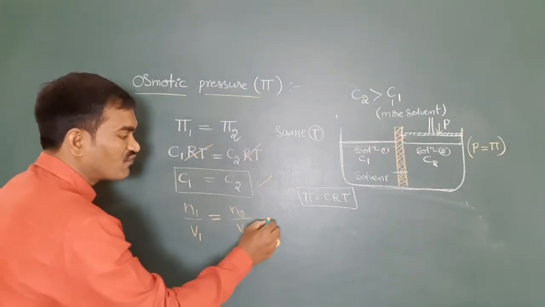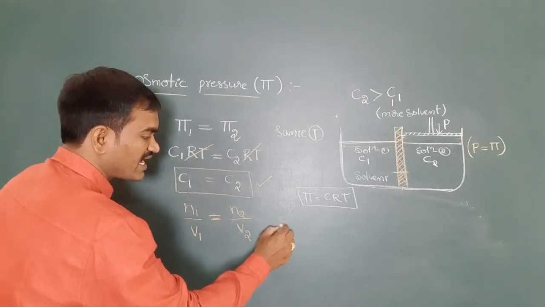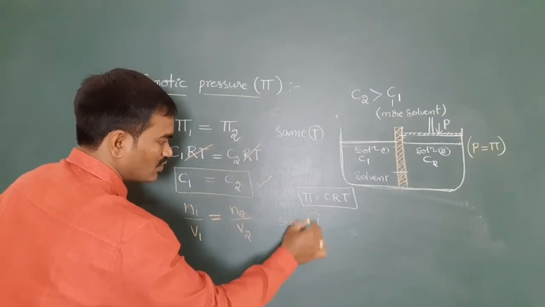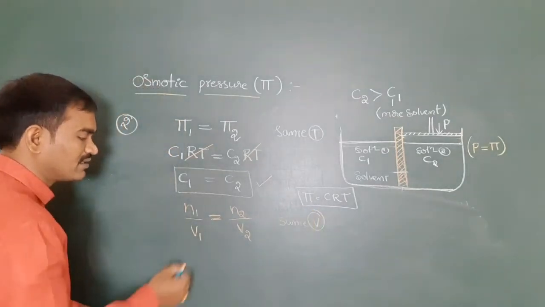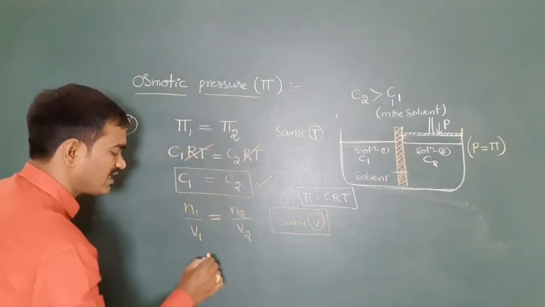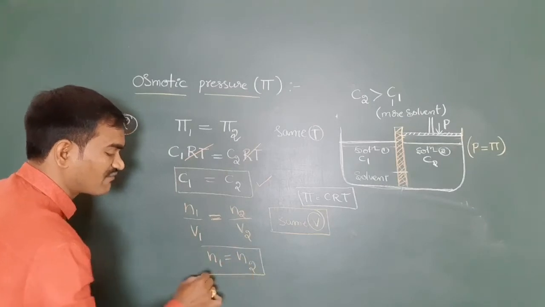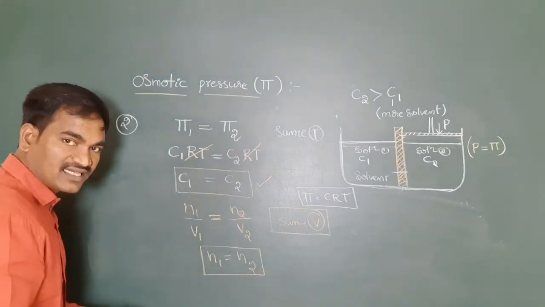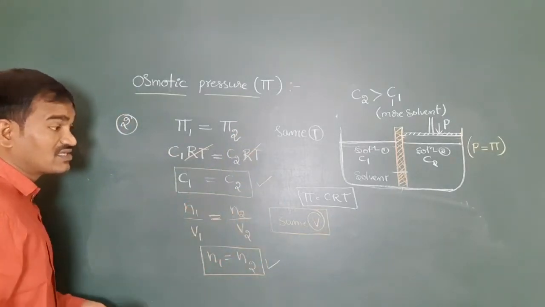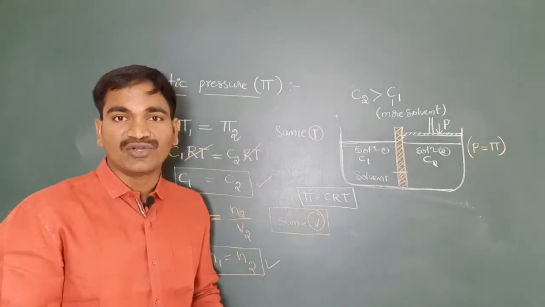Next one, if volumes are same, sometimes they'll give you same volumes, both get cancelled, no? If volumes are same, N1 is equal to N2. Is it clear? So these formulas we use while solving problems related to isotonic solutions.